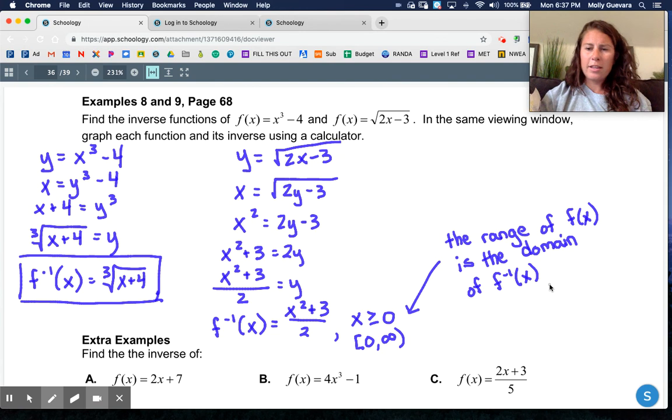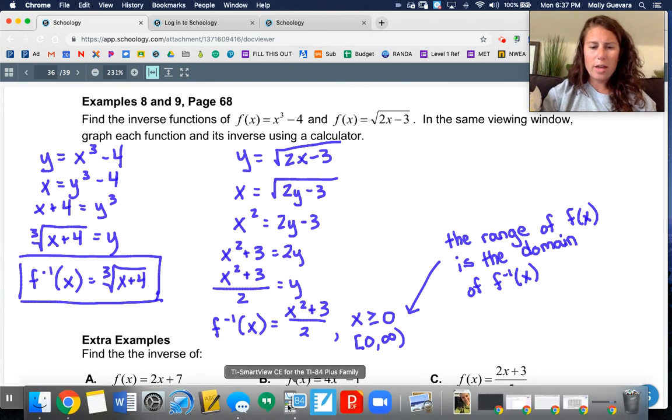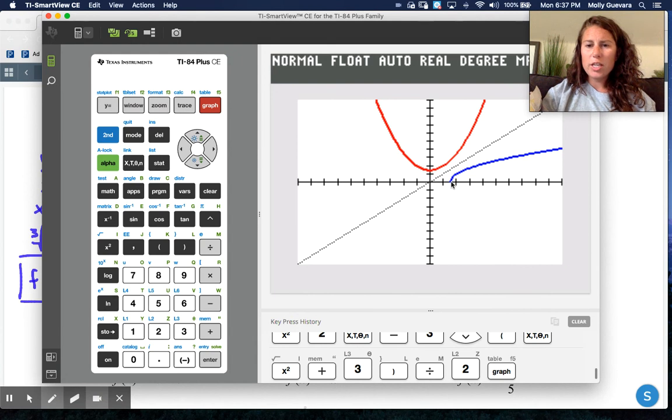And I'll say that again, and we'll go back to the graphing calculator to show that. The range of this function is 0 to infinity, right? The blue one is my original, that's my f of x. My range is from 0 all the way up to infinity. That is then the domain of my inverse function, 0 to infinity.